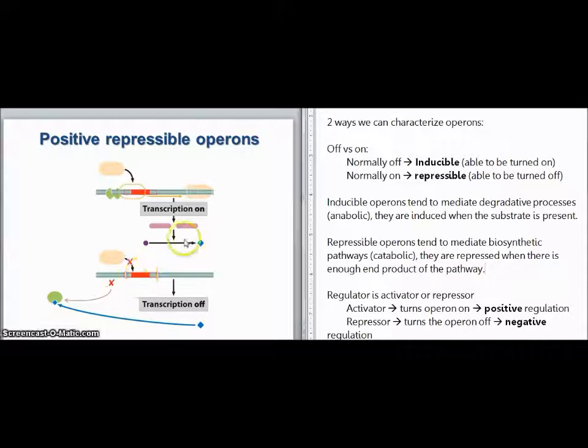So, for example, here we have some imaginary pathway where we're turning the purple circle into the blue diamond. Now, when we've got enough of the blue diamond, it's going to be able to sit on the activator, induce it to leave the operator, and turn transcription off when there's enough of it present. So these tend to be pathways that are synthesizing molecules.